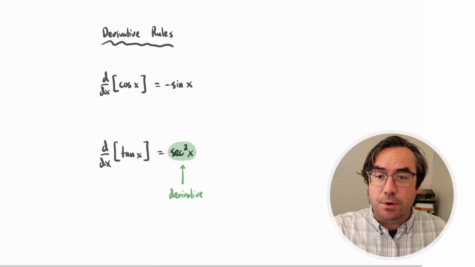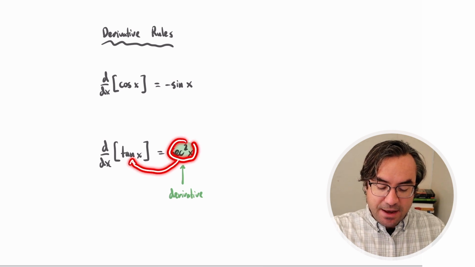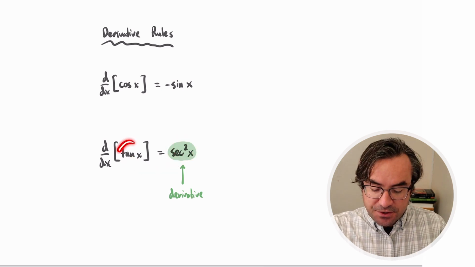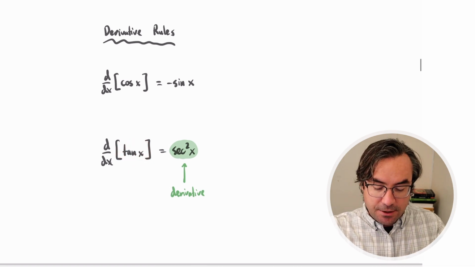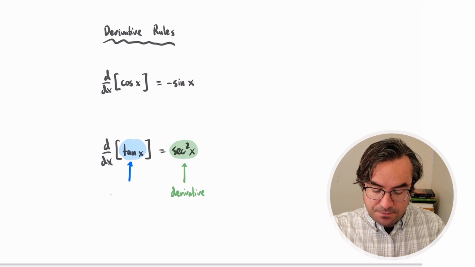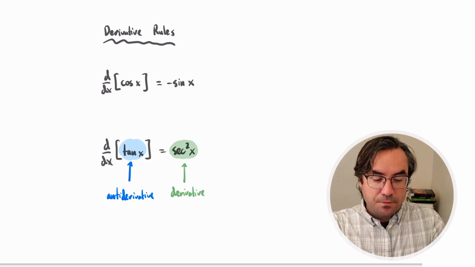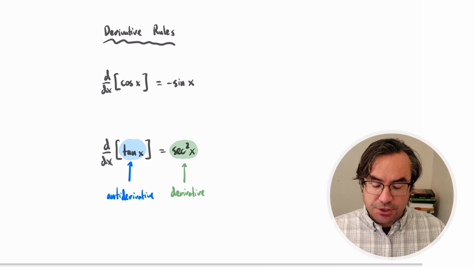But we can read this backwards. So instead of reading this in this direction, we can read this in this direction. So if we have secant squared, the term inside the brackets here, that's our antiderivative. So again, you can read this in 2 directions.